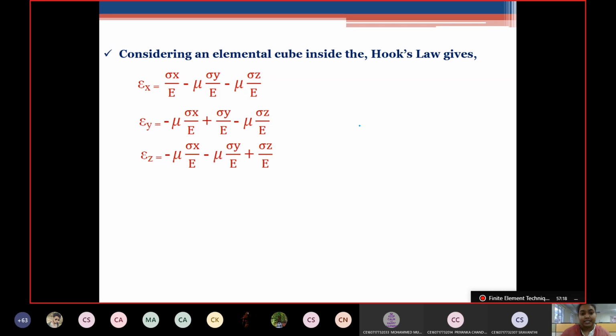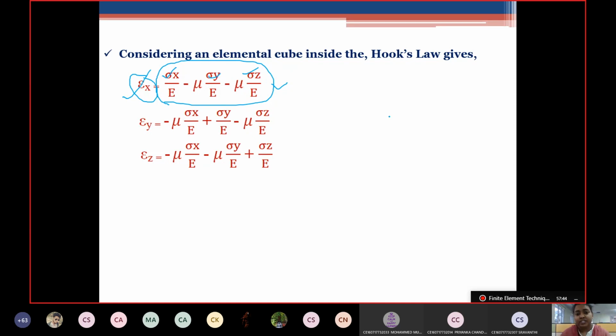If we clearly see, when normal strain is taken into account, the whole equation is formed only in terms of normal stresses. That is what the generalized Hooke's law is. You have to remember, when normal strains are taken into account, only normal stresses will come into the picture.